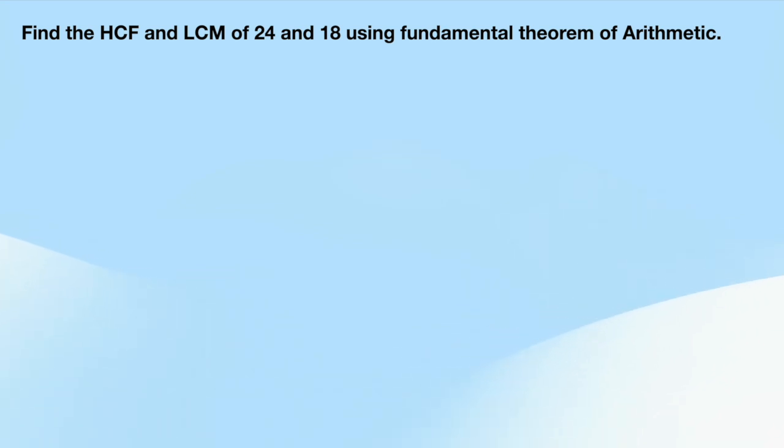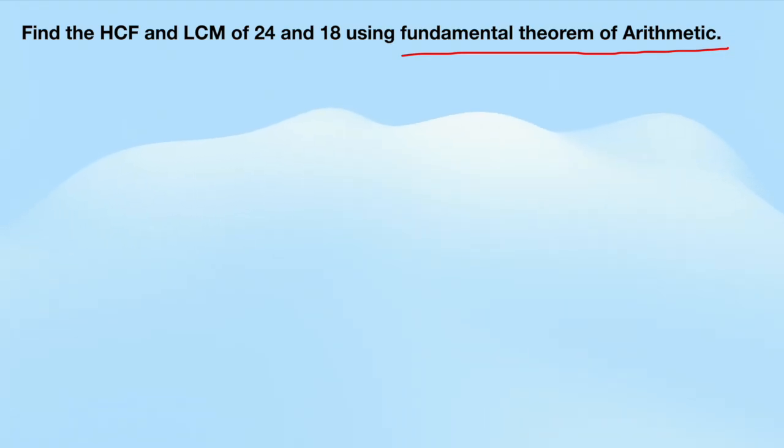Now let's do some questions based on the fundamental theorem of arithmetic. The question is, we have to find the HCF and LCM of 24 and 18, but we have to use the fundamental theorem of arithmetic. What was it? We have to first write the composite numbers as a product of primes.